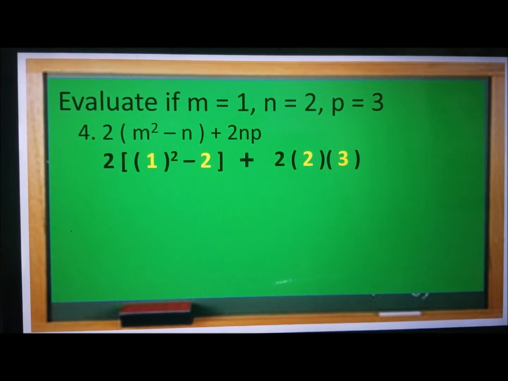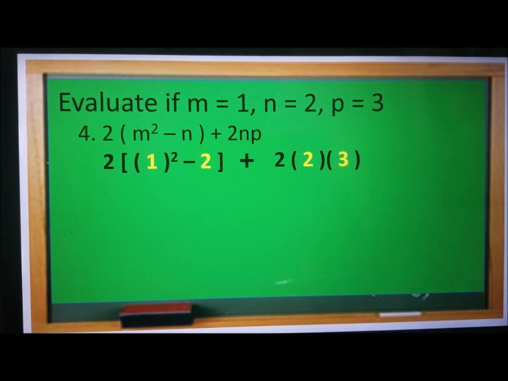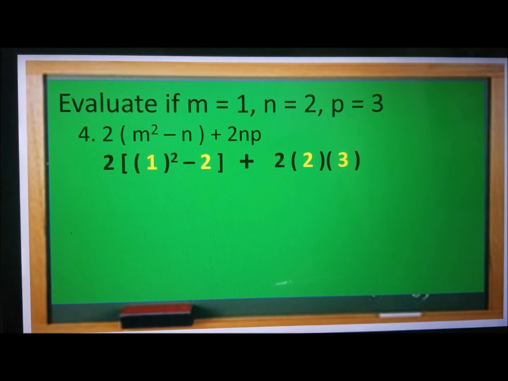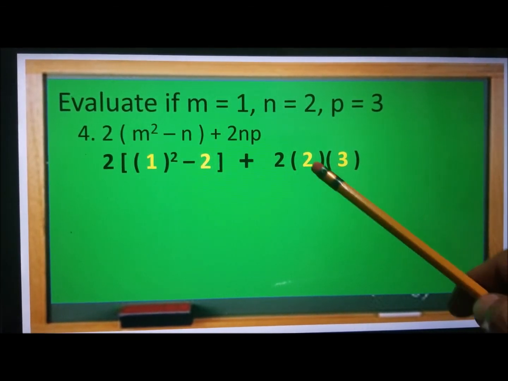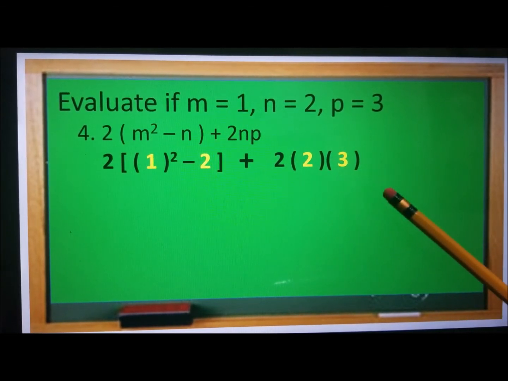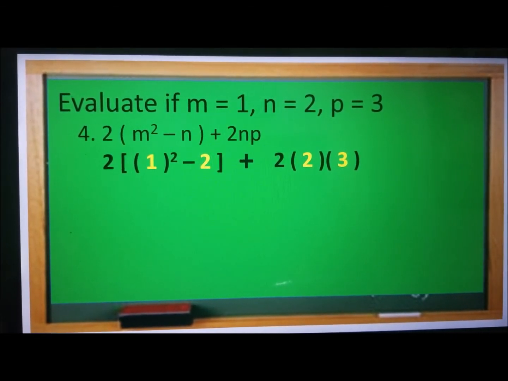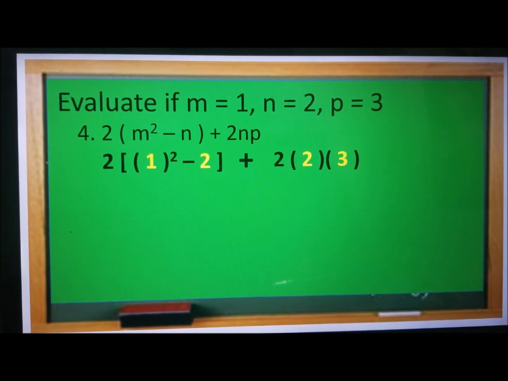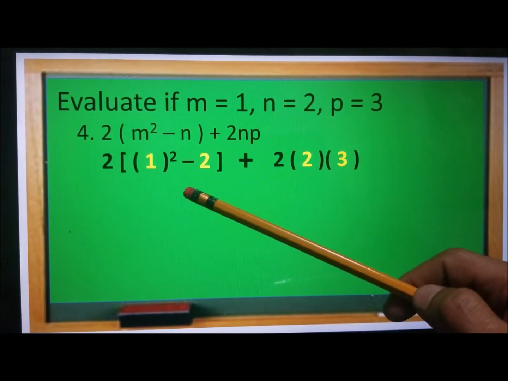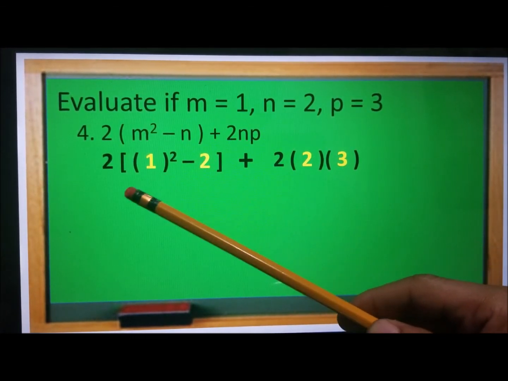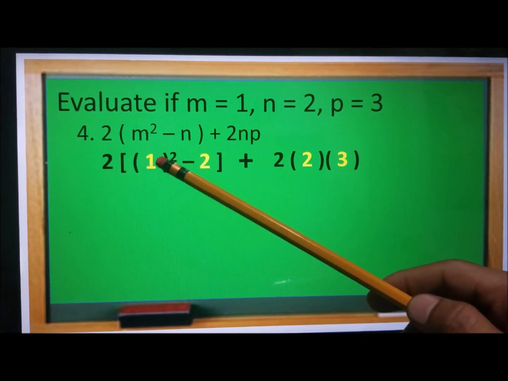The resulting expression now contains an exponent, grouping symbols, and an addition. There are also multiplications here. Let us now first evaluate the terms that are inside the parentheses. Inside the parentheses, or the grouping symbol, we have 1 squared.